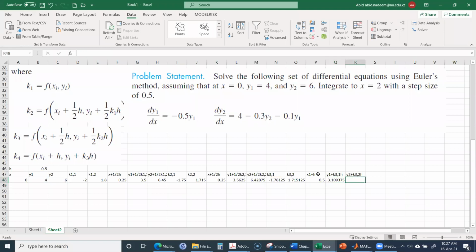And then y2 plus K3 of the second equation times h, which is here. So it is equal to 6 point.